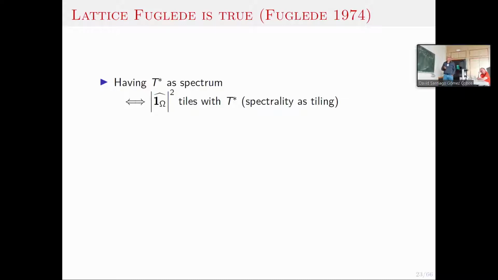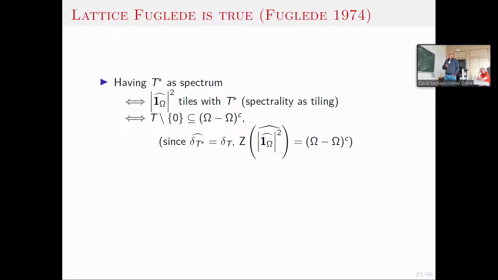So this is our starting point. And now, since we have a tiling here, how can we test this tiling? Well, the object is this, so we look at its Fourier transform and at its zero set, which, as I said before, is the complement of omega minus omega. And therefore, delta T star hat must live there.